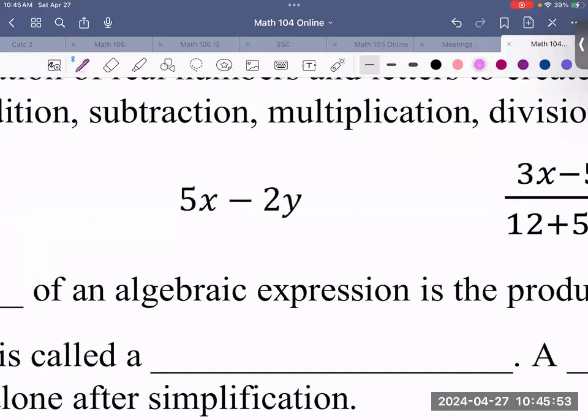So each term will contain in itself any sort of multiplication or division within it, or a real number. So in this first one, how many terms? Well, a term is separated by addition or subtraction. So here we have 2 terms. So this being one term and another term.